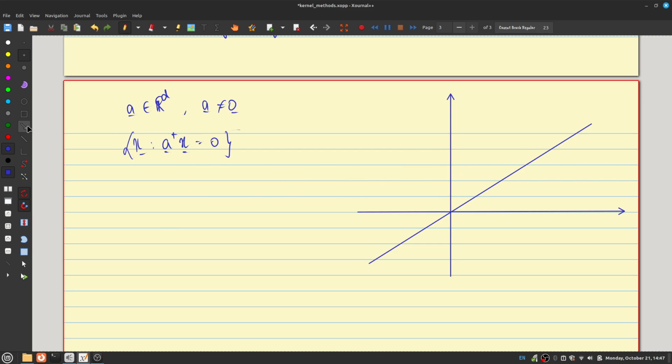Okay, so let's first try to answer the following question. Suppose I give you an arbitrary vector x in Rd. I can decompose it along the hyperplane and perpendicular to the hyperplane.